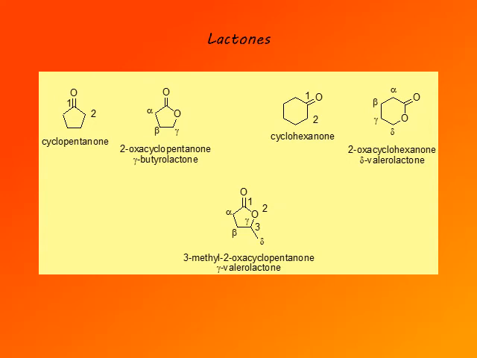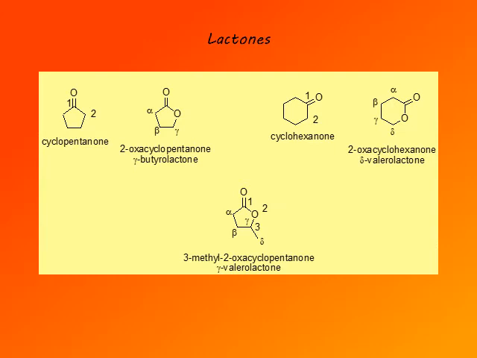Lactones are cyclic esters. It means that they have ester group as part of a ring. According to IUPAC nomenclature, lactones are named based on the nomenclature of the corresponding cyclic ketones. So they're actually named as cyclic ketones with oxygen as a substituent. Oxygen as a substituent, in this case part of the ring or a chain, is named oxa. And then we use number to indicate position in which oxygen atom is.